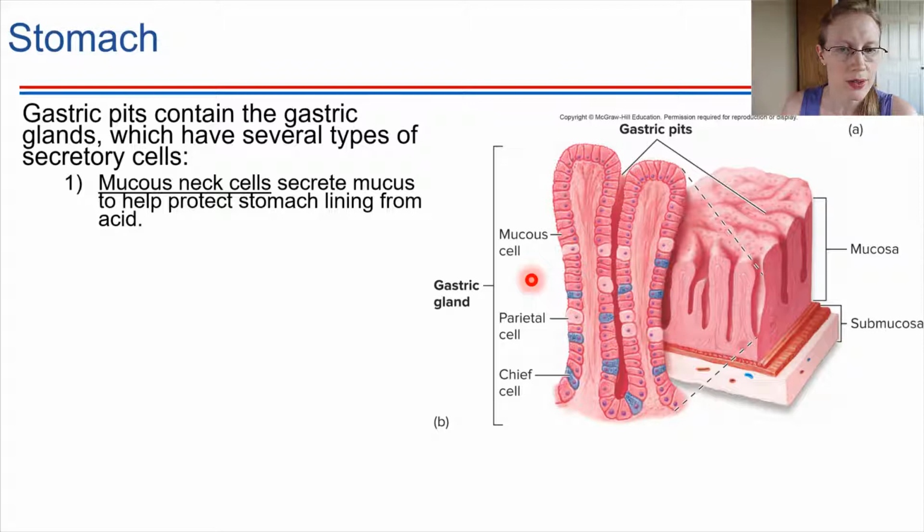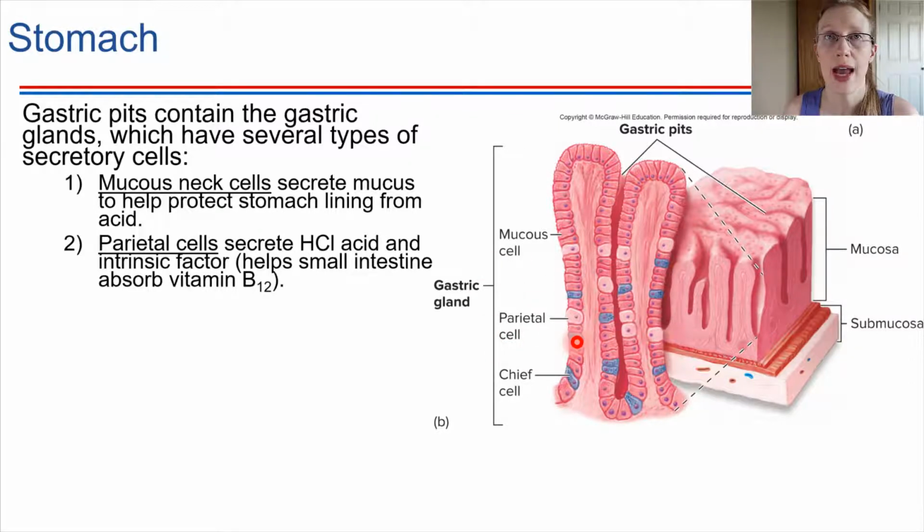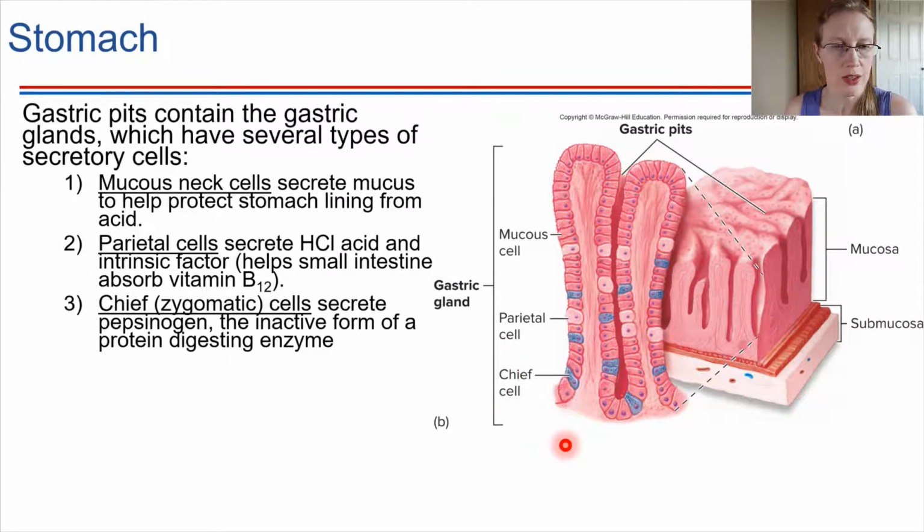So mucus neck cells. Then we've got parietal cells. Parietal cells are the ones that produce acid. They secrete HCl. They also secrete some substances that help with vitamin B12 absorption later on in the small intestine. We'll come back to that. And then finally, we've got the chief cells. The chief cells are very key for allowing protein digestion to take place in the stomach.